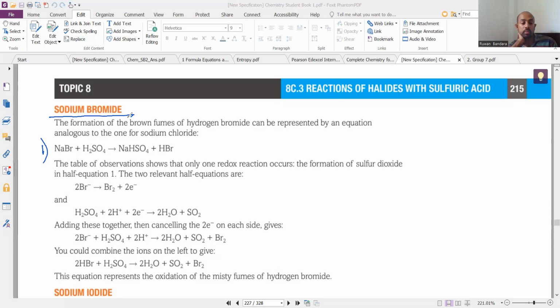Similar to sodium chloride, sodium bromide also produces misty fumes of hydrogen bromide. Then you can write the first equation.